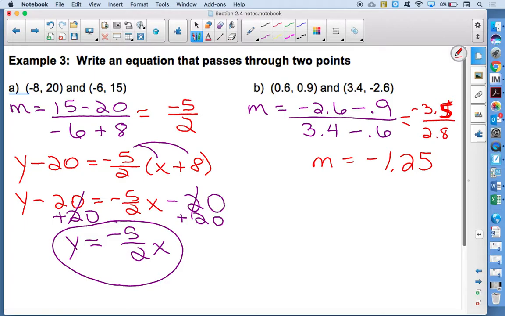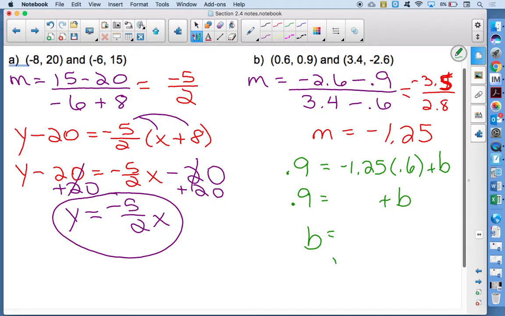I can show you it with slope-intercept form instead. So 0.9 equals negative 1.25 times 0.6 plus b. Medina, do you know what negative 1.25 times 0.6 is? I got 1.25.